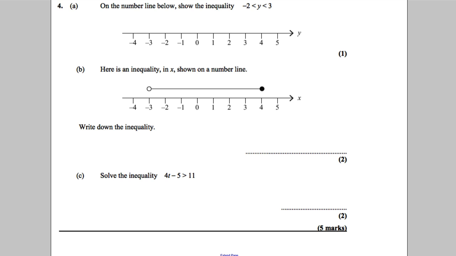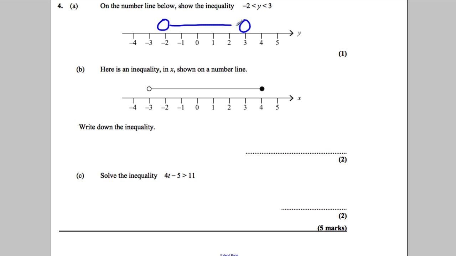Next one. Pause, have a go. I'll go through in 10 seconds. Okay, it says show the following on the number line. So y is between 2 and -2 and 3, sorry.